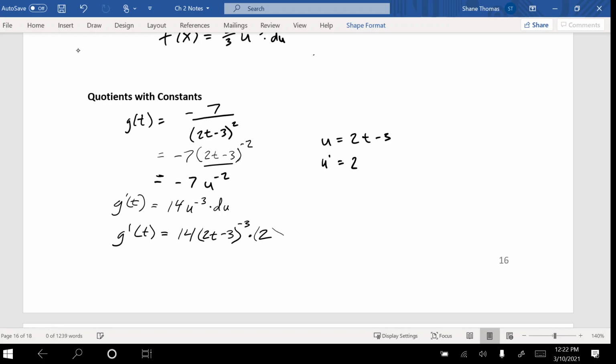Okay. Everybody go with that? Now I'm going to do the multiplication, take the negative to the bottom. So I'm going to just simplify this. I'm at 14 times 2 is 28 over 2t minus 3 to the 3rd. There you go. There's the derivative of that guy.